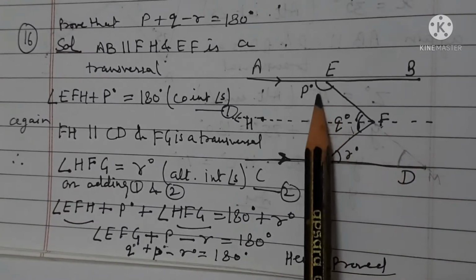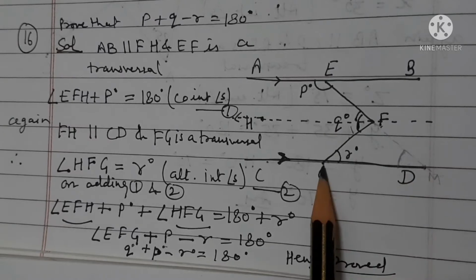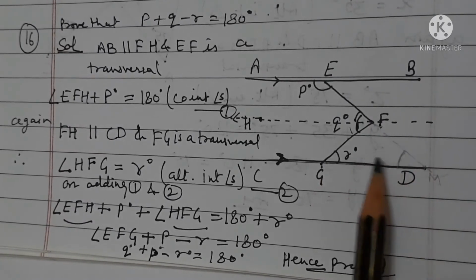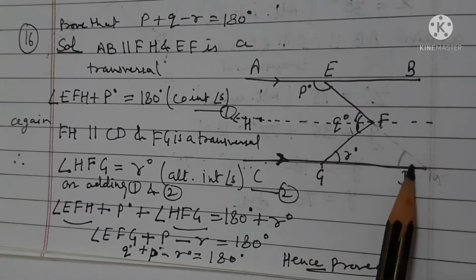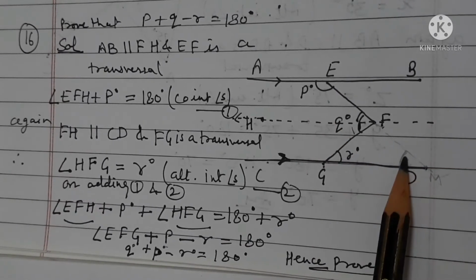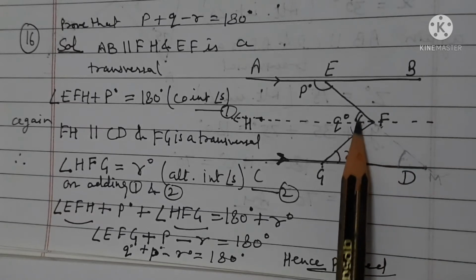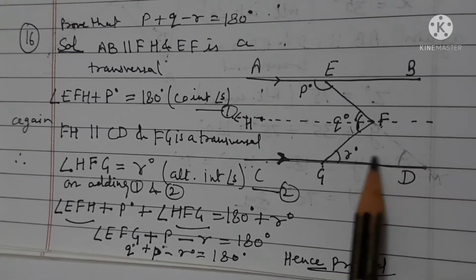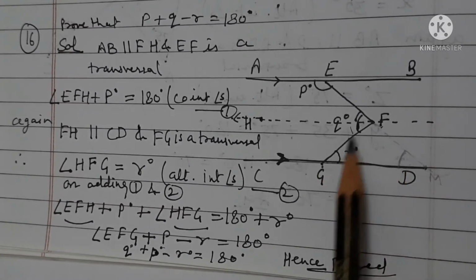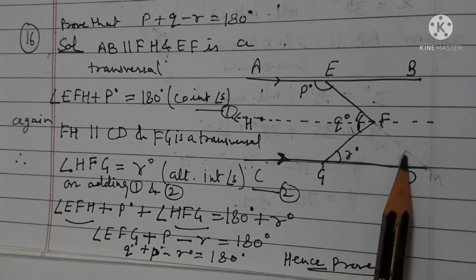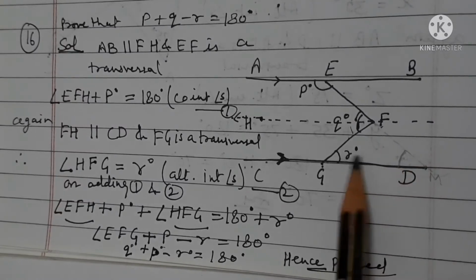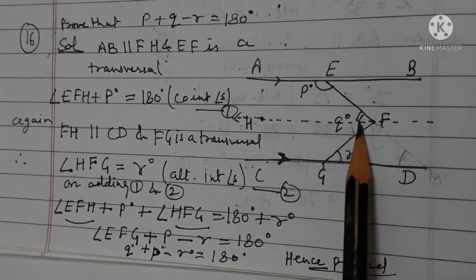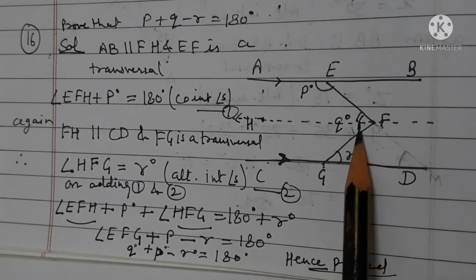So here P plus EMG is equal to 180 degrees, and here the sum of these two angles will be the exterior angle. These will be interior angles, not co-interior. In a triangle, the sum of two interior angles will be the opposite exterior angle.